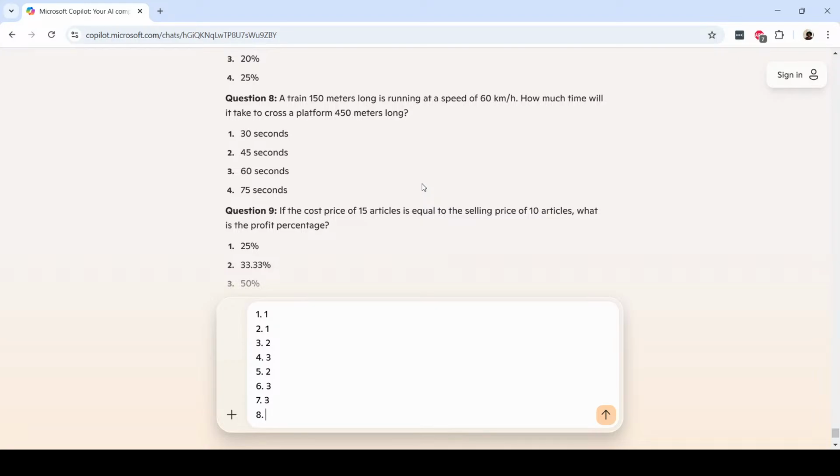If a train is 150 meters long, how much time will it take to cross a platform?